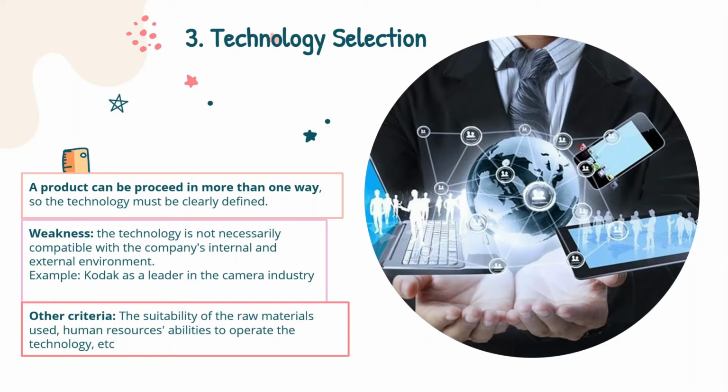But there are other criteria that you really need to consider when we're talking about your technology selection. One is the suitability of the raw materials used, and another is the human resource abilities to operate the technology, etc. For the suitability of raw materials, for example, if you choose aluminum material, but your technology can only be used for metal material, then it's not suitable, right?